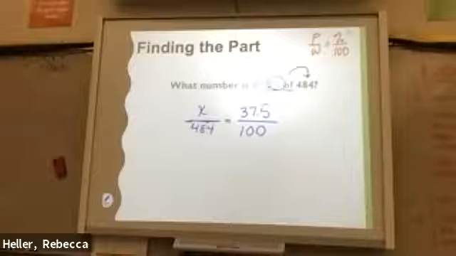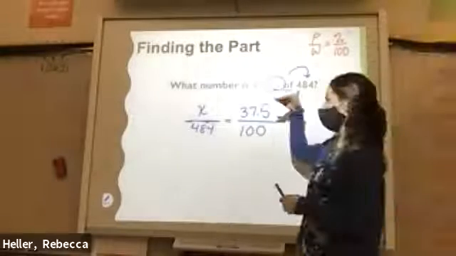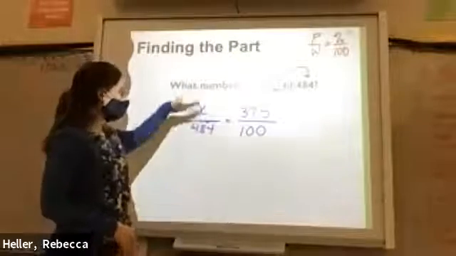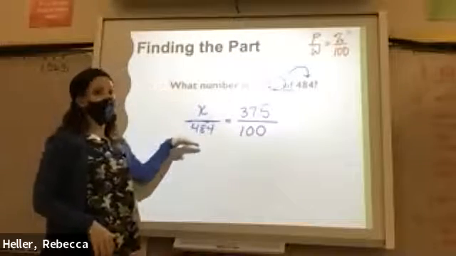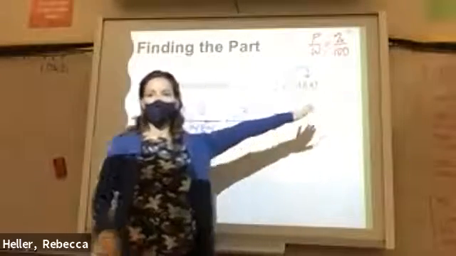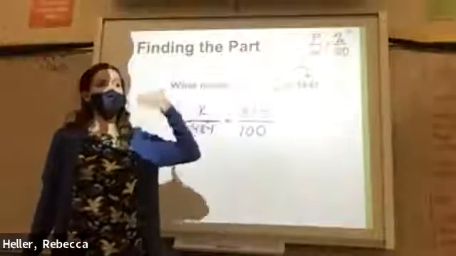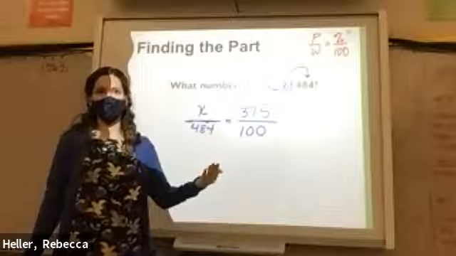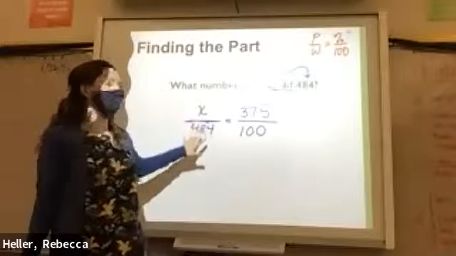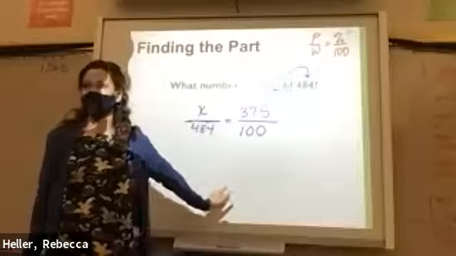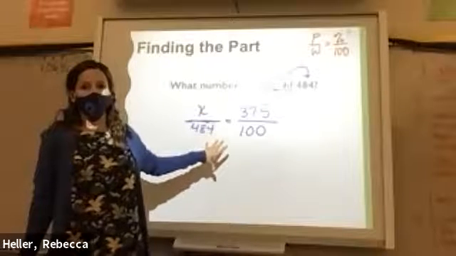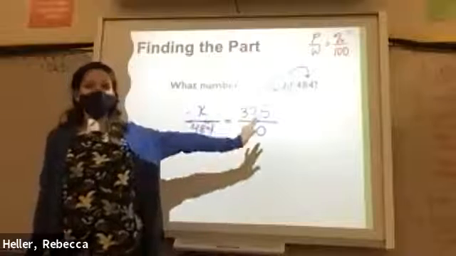It doesn't have a percentage, so we know it's not going to go over here. So that's one clue. And then to decide if it goes on the top, if it's the part or the whole, as Olivia said, if it says of 484, that's like saying it's out of 484. So like if you took a test that was out of 484 points, the 484 would go on the bottom. Okay, that's your total, that's the whole. So this is our setup. Any questions about that?